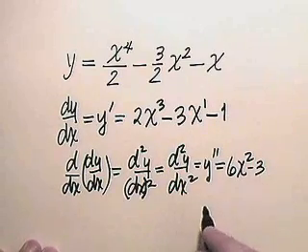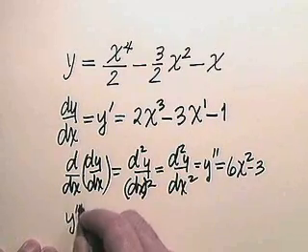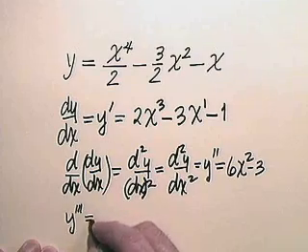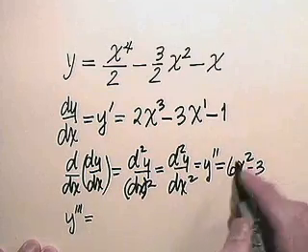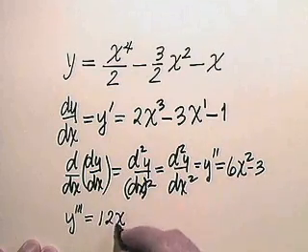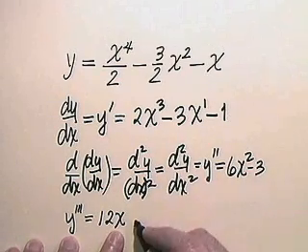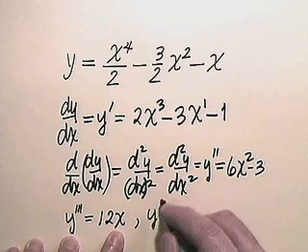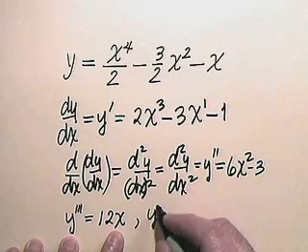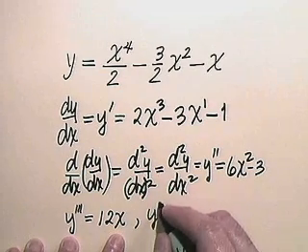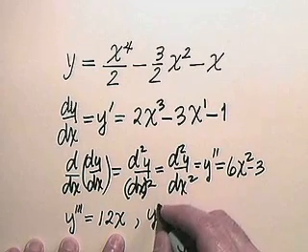What about the third derivative? Y triple prime equals 2 times 6 is 12x, and the derivative of 3 is 0, so y triple prime is just 12x. What about the fourth derivative? Well, it's a little bit difficult to see all these primes.